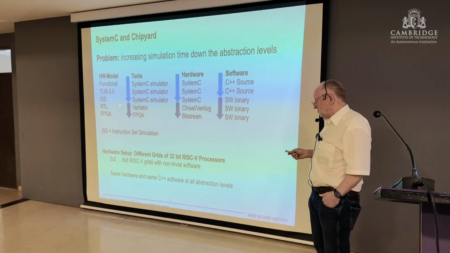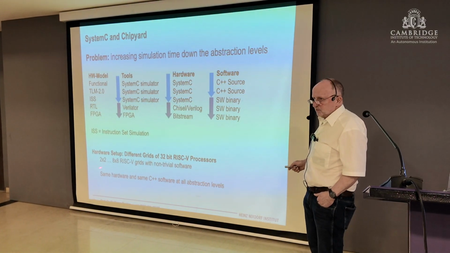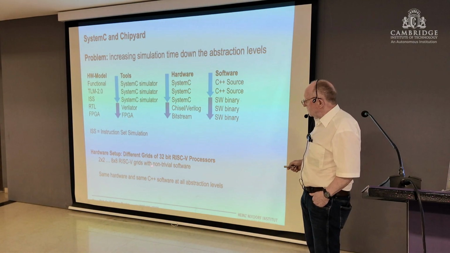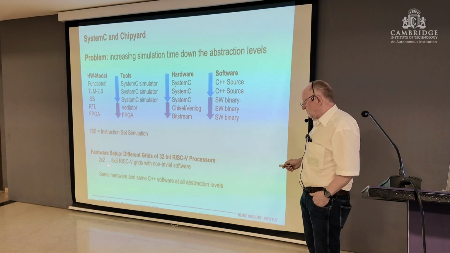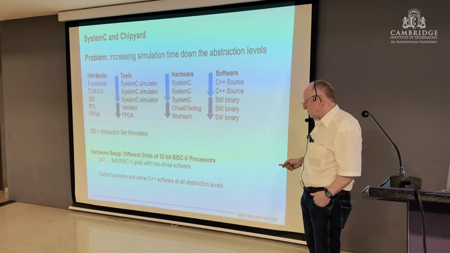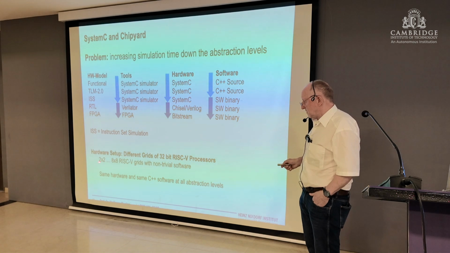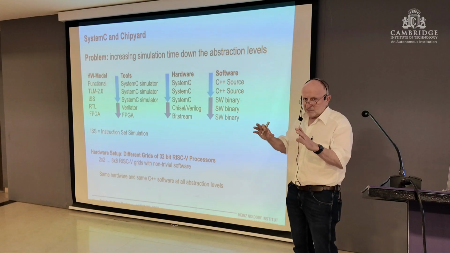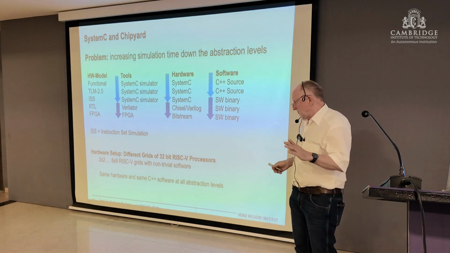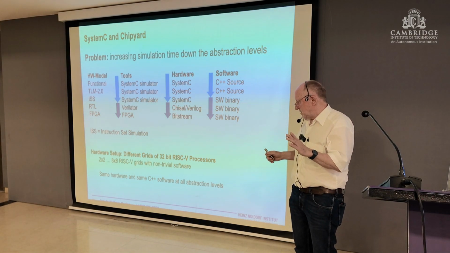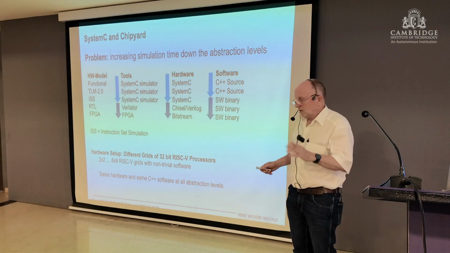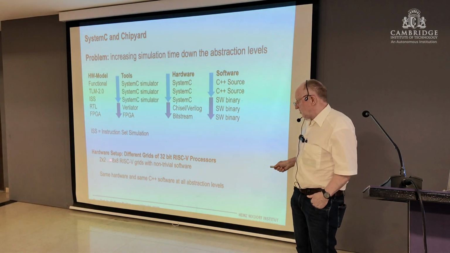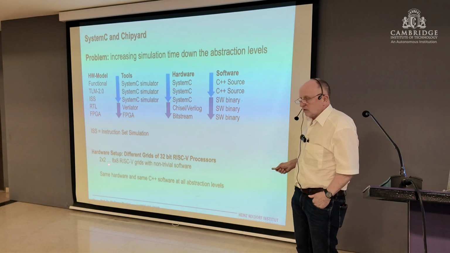For the non-trivial hardware, we took the approach of Professor Dömer. There we implemented in Chisel so-called RISC-V grids. I'll show you a little bit later, which are basically structures like a checkerboard, where you then scale these grids to 2 times 2 or 3 times 3 or whatever.